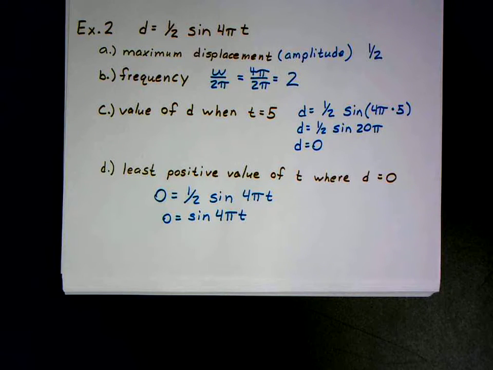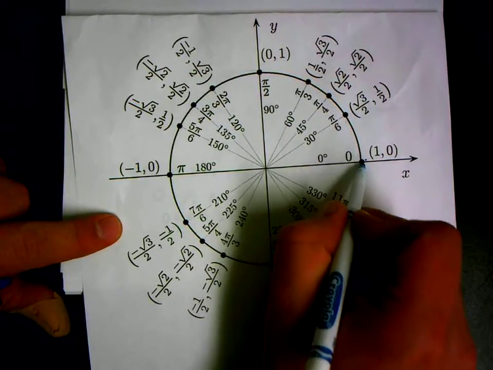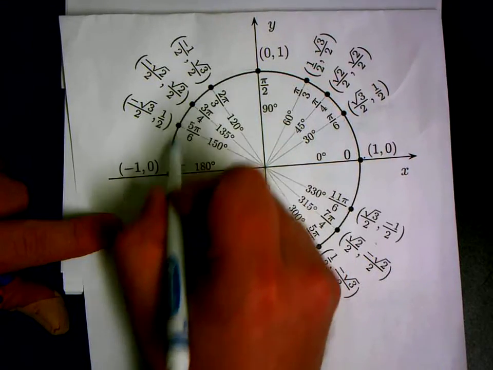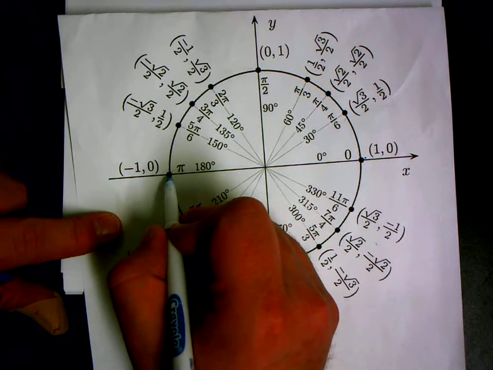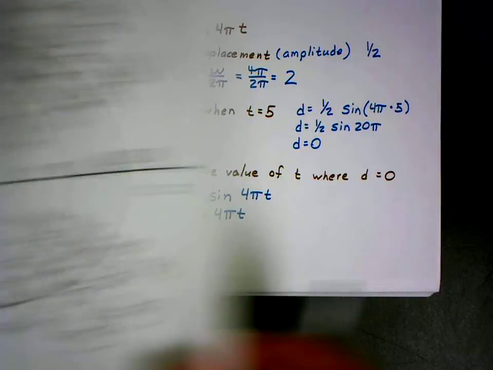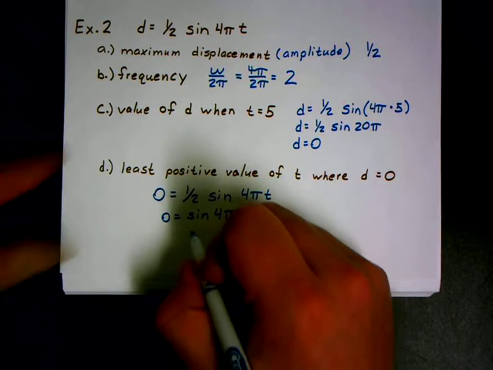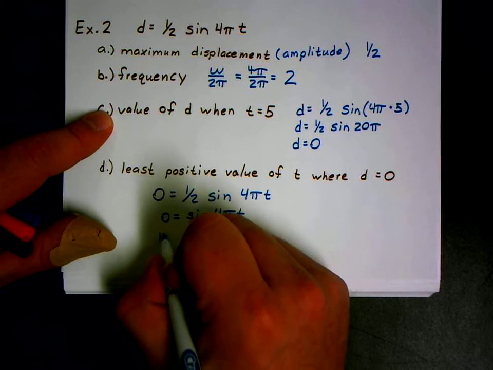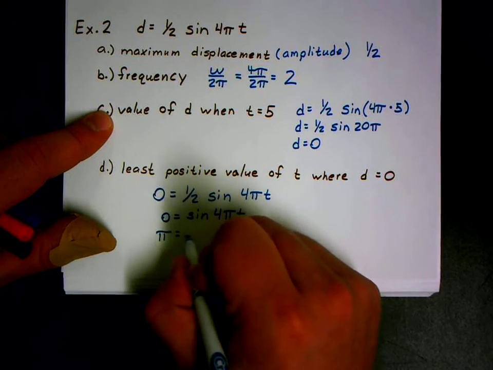Okay, I want the first positive place. So 0 doesn't work. I know that sine equals 0 at 0, correct? But that's not positive. So where's the first positive place where sine equals 0? So if I go around here, the first positive place would be pi. Correct? You all right with that? So, first positive place is pi.